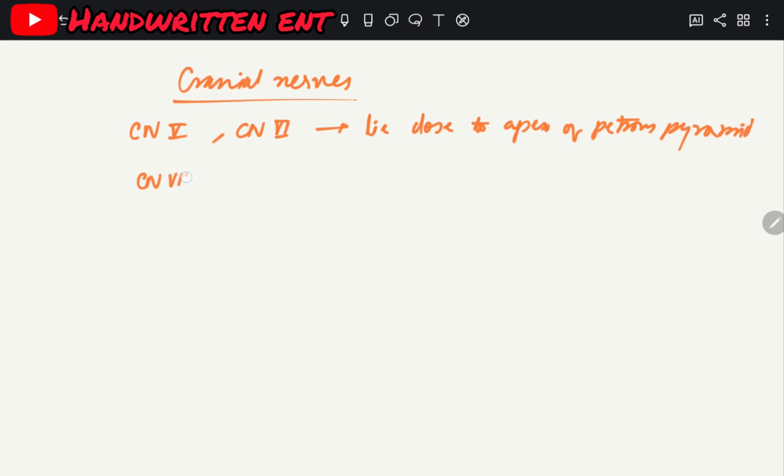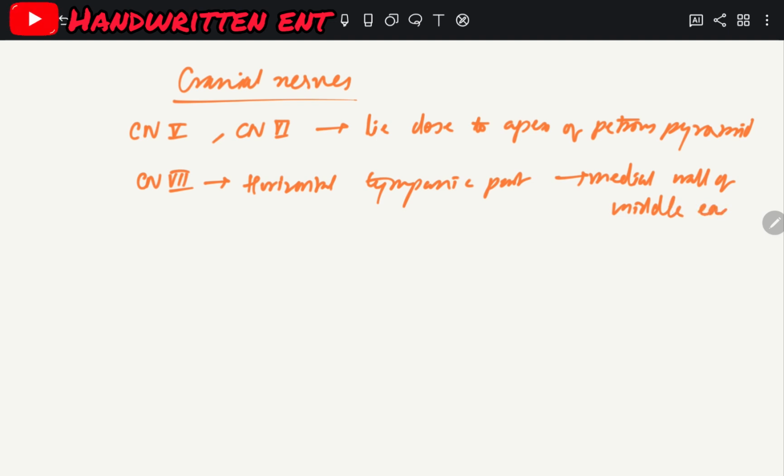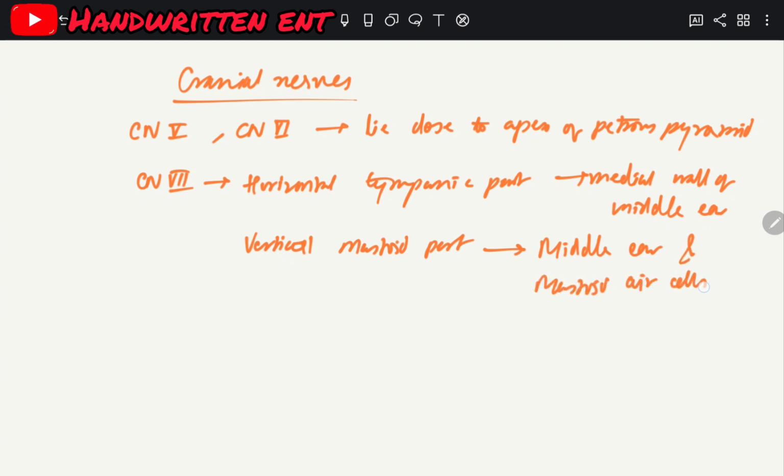And cranial nerve 7, the horizontal tympanic part, is situated in the medial wall of the middle ear, while the vertical mastoid part runs between the middle ear and the mastoid air cells.